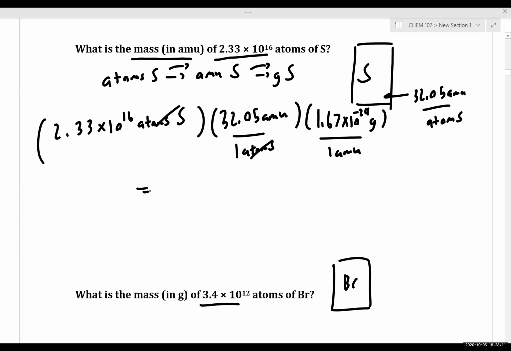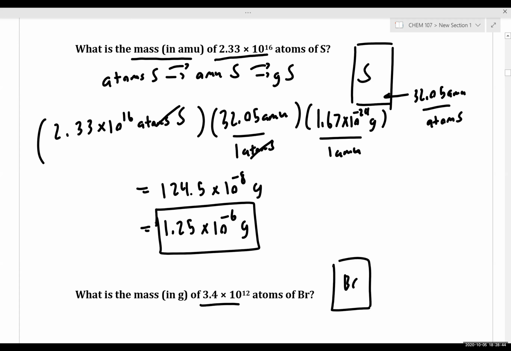And now punching this into our calculator, 2.33 times 32 times 1.67. That gives us 124.5 times 10 to the negative 8 grams that we simplify to, sorry, not 1.24, 1.25 times 10 to the negative 6th grams.